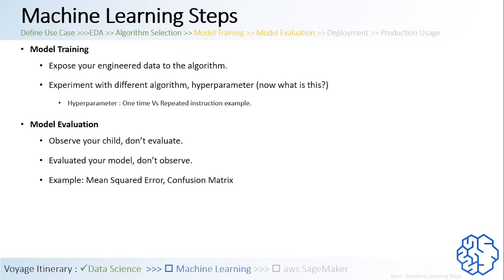So you have to evaluate the outcomes and then try to ascertain what is going wrong. To evaluate the model, there are different types of metrics, like mean squared error or a confusion matrix. Now don't get overwhelmed by the words mean squared error or confusion matrix.